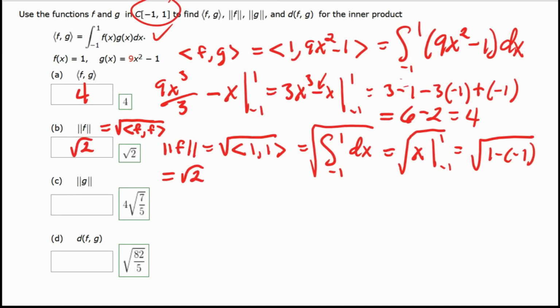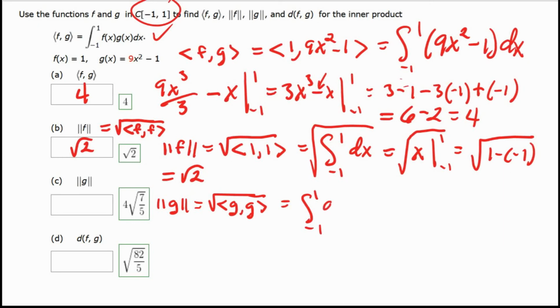Do the same thing for g. Probably need some more space. So the norm of g is the square root of the inner product of g with itself. So this is the integral from negative 1 to 1.